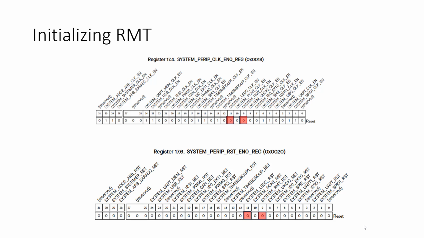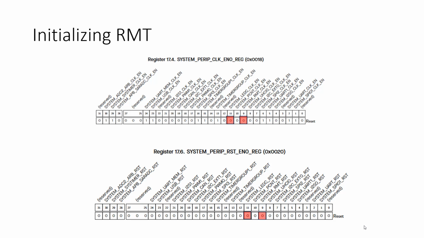One's called SYSTEM_PERIP_CLK_EN_REG, and the other one's called SYSTEM_PERIP_RST_EN_REG. So the first thing you want to do is find the two bits in these registers that match up to the two peripherals that we're targeting, the RMT and the LEDC, right?